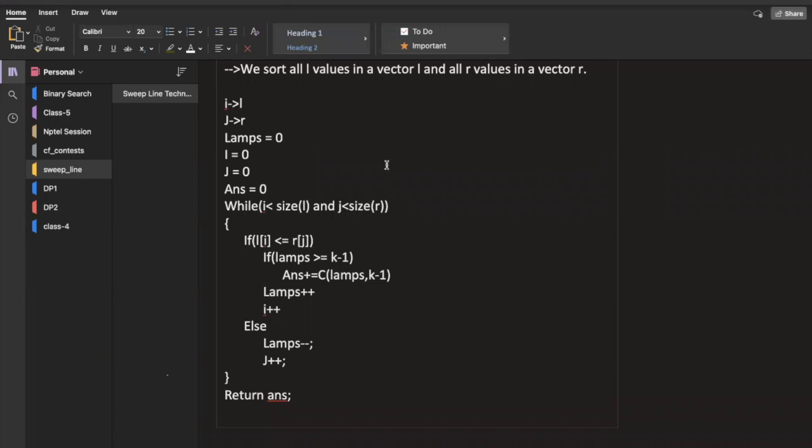Let's say at a particular value, there were k plus 10 lamps which were on, and then there were k plus 9 lamps which were on at the next particular value. So in these two values, if I just do k plus 10 CK and then I do k plus 9 CK, it is possible that I will choose the same subset of k intervals twice, and I can't do that.